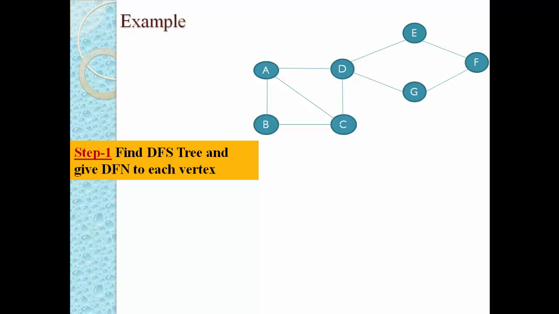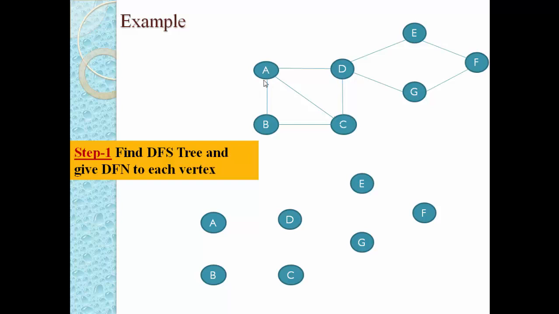As per the DFS algorithm, we can start from any node. For example, we start from node A. Then we identify the nodes directly connected with A, the adjacent nodes of A. A has 3 adjacent nodes, B, C and D, and among these we can select any node.